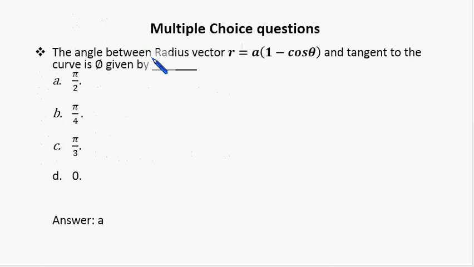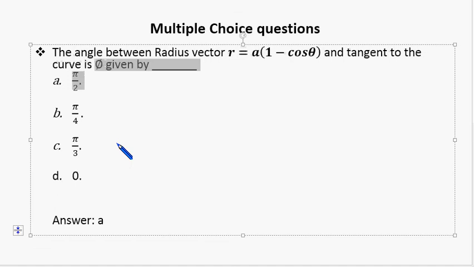The angle between the radius vector and the tangent to the curve r is equal to a into 1 minus cos theta, phi, is given by: option A pi by 2, option B pi by 4, option C pi by 3, option D 0.